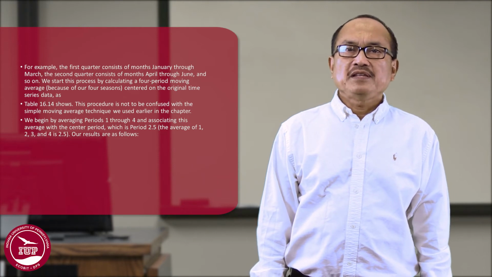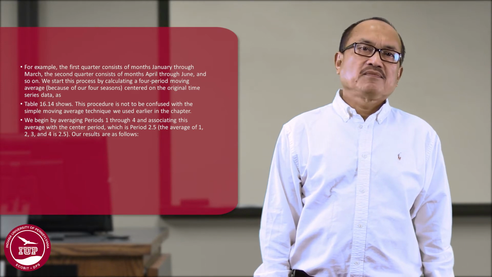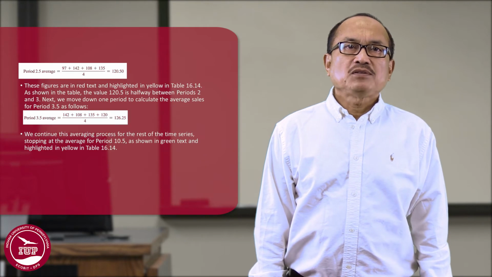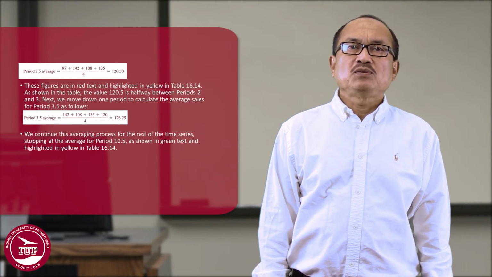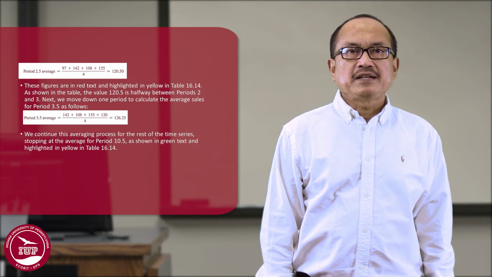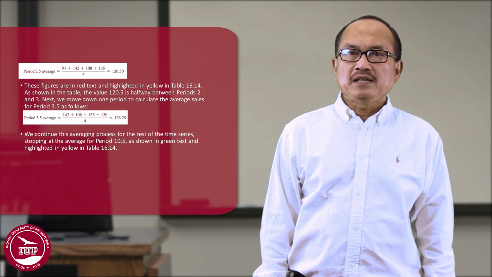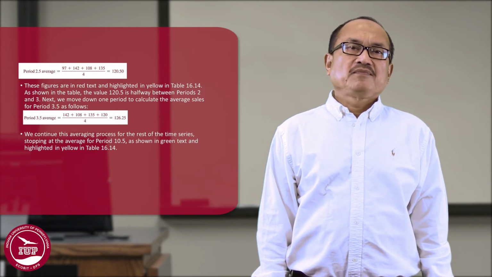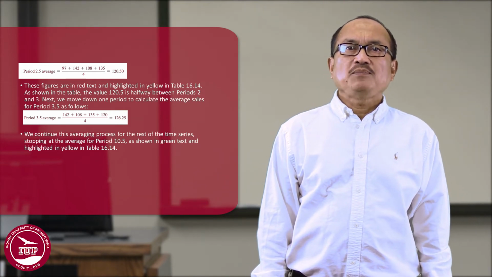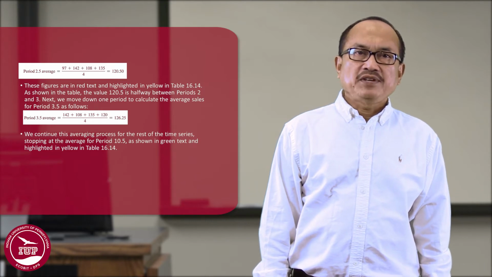The average of 1, 2, 3, and 4 is 2.5. Our result is as follows. Period 2.5 average is equal to 120.50. These figures are in red text and highlighted in yellow in table 16.14. As shown in this table, the value 120.5 is halfway between period 2 and 3.